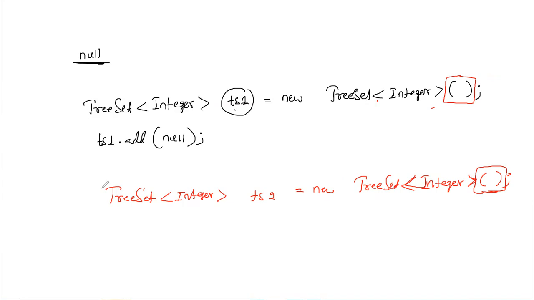And in this second TreeSet object, I'm trying to add some element first. That is ts2.add(...). Can I add a string? No, because immediately we'll get a compile time error. Here when we try to add some integer kind of data, say for example 100, followed by a null.